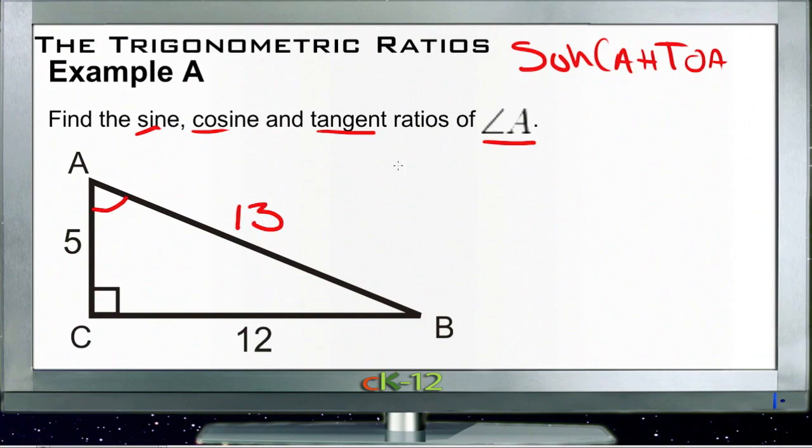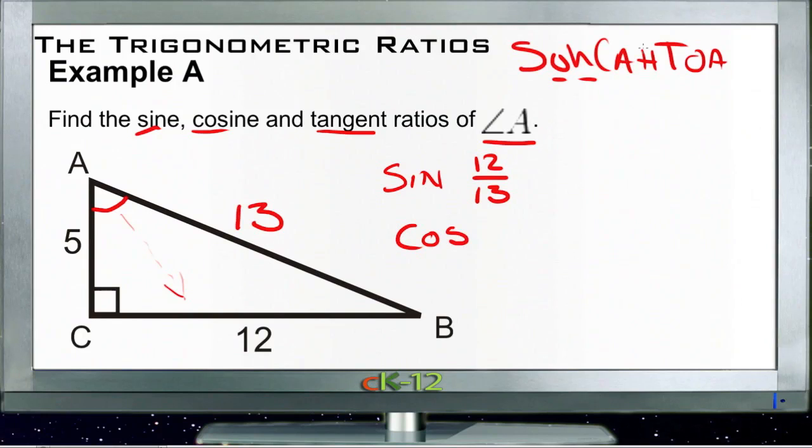So now we need to find the sine, which is opposite over hypotenuse. So if we're dealing with this angle, the opposite side is 12. So we have 12, and the hypotenuse, of course, is always the long side, so that's 13. And that's it. It's just that comparison, 12 to 13.